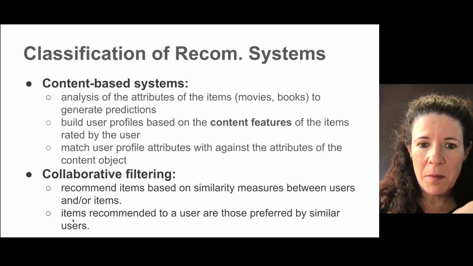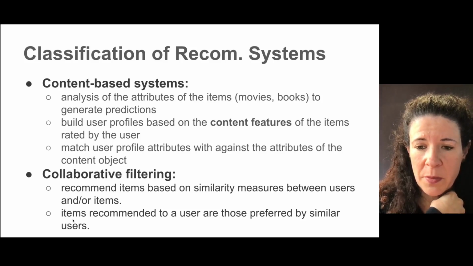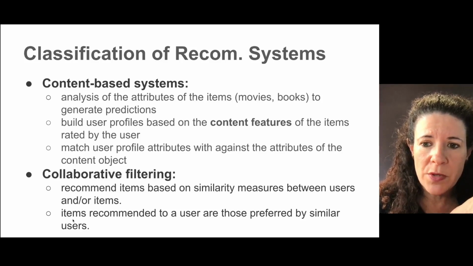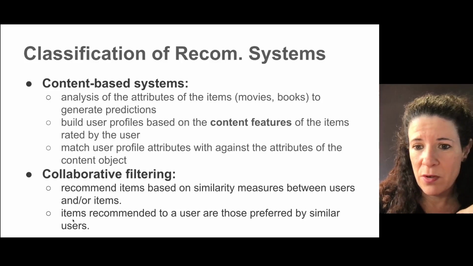And then by looking at similar users, you can make recommendations to me, for example, based on users that are similar to me. So again, in collaborative filtering, we are using the behavior of users.